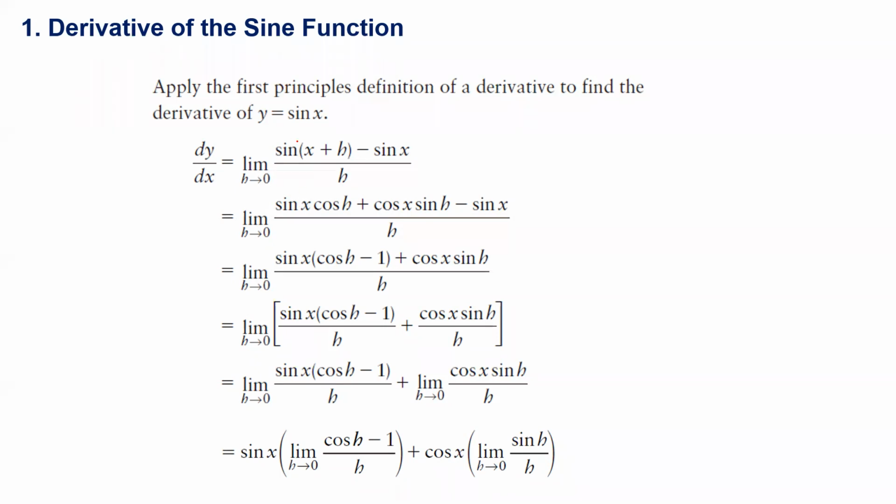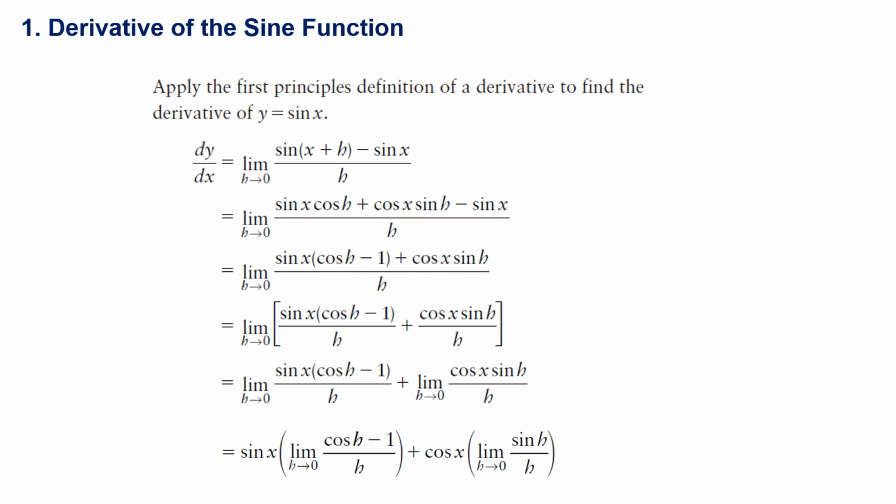Then we can expand sine(x plus h) to sine x cosine h plus cosine x sine h, then minus sine x, over h, right? Then we can put the common factor sine x in front, and what's left in the parentheses is cosine h minus 1.